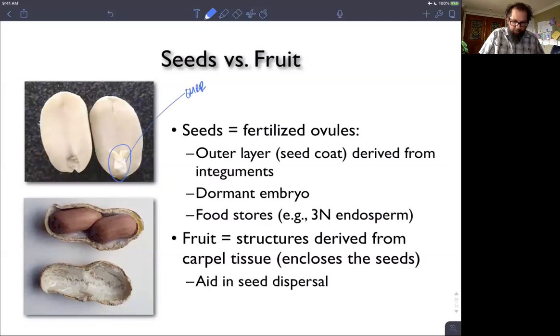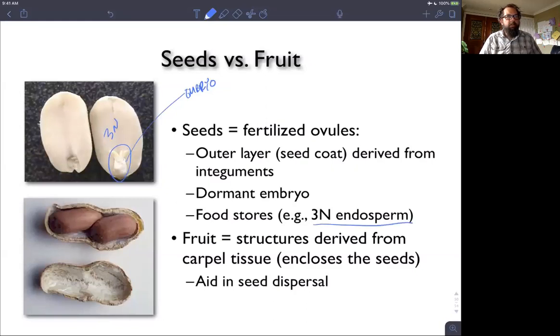Embryo is inside, that's that little heart of the peanut, that's the seed. Inside of that fertilized ovule, we have that embryo develop. And that embryo develops from all of this triploid nutritive tissue, the food stores, or that triploid endosperm that's in there.